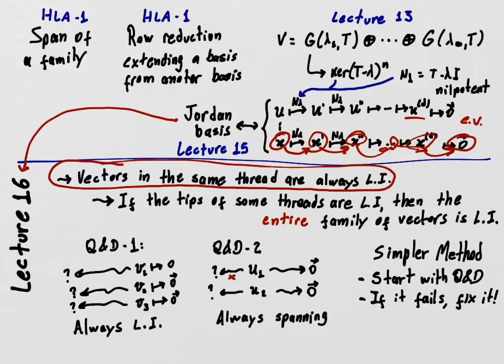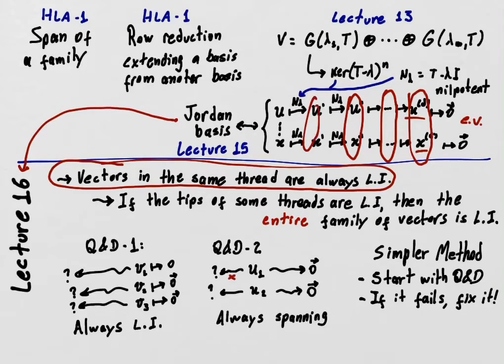It's an easy exercise. All these vectors, they are linearly independent. Another thing, which is also not so hard to show, is if these two vectors here are linearly independent, then their pre-images are linearly independent, and therefore their pre-images are also linearly independent, etc., etc.